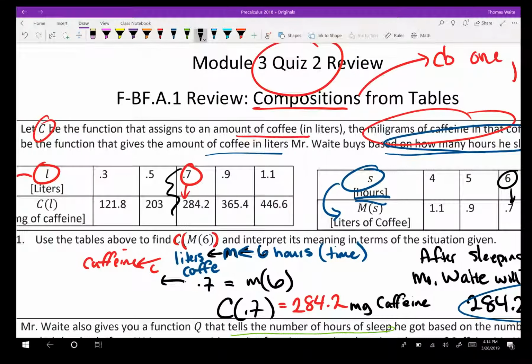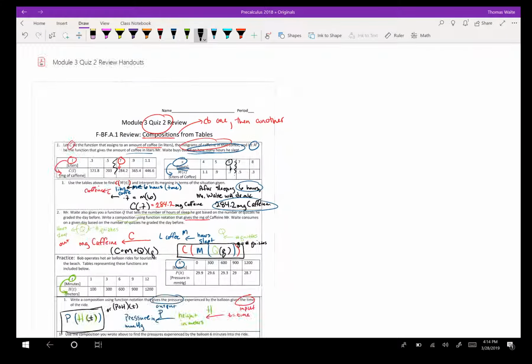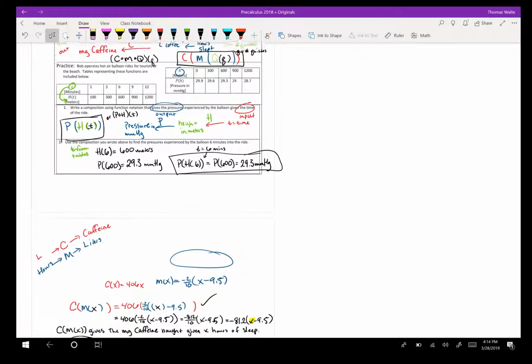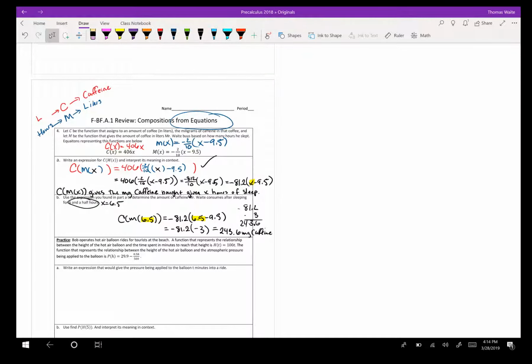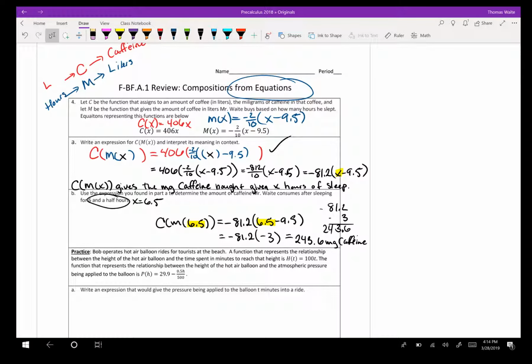Yep, 240 sounds about right. So that was nice that we could check it in the table. What we need to be able to do here is write the composition and then evaluate it, or just plug in a value, just like we did with the table, except this time with our expressions.